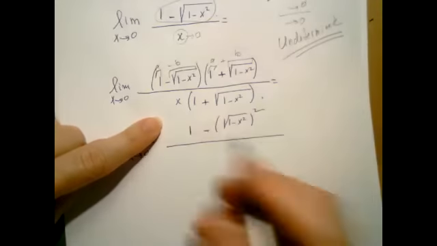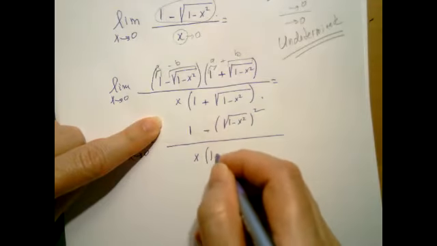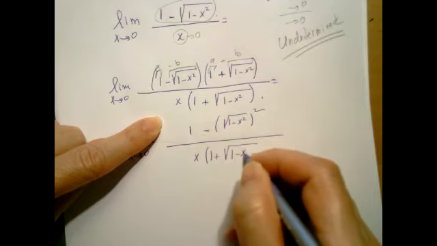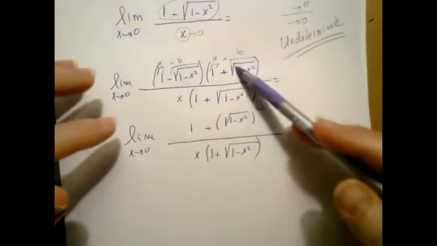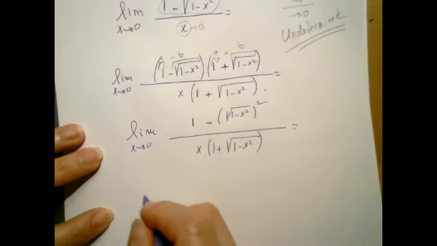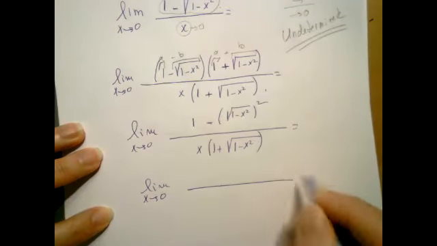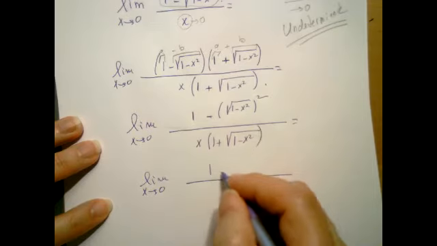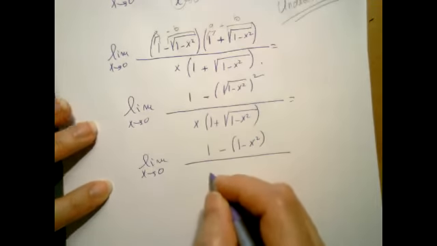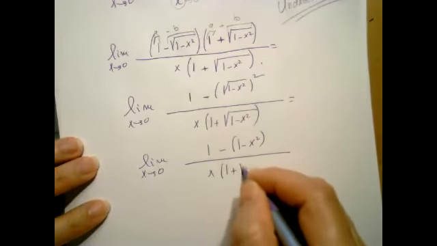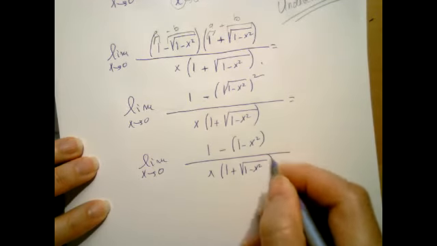And you divide this by x times 1 plus that square root. Of course, the idea is really to get rid of the square root. So if we almost down here, we'll get 1. This will give me 1 minus 1 minus x squared over x times 1 plus the square root of 1 minus x squared.